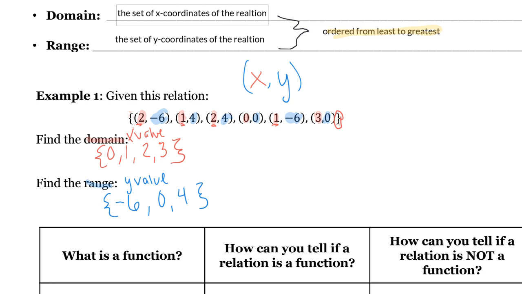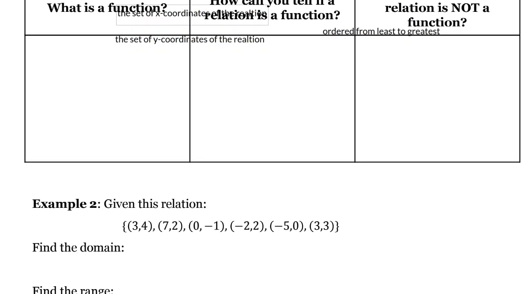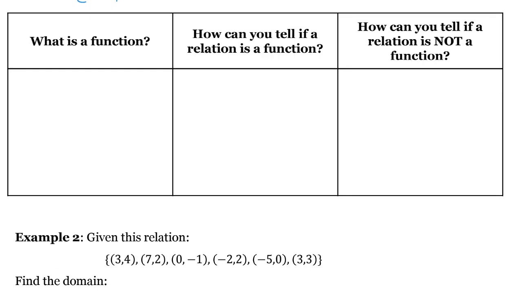But we have another definition to talk about. Okay, so the next thing we have is, what is a function? So a function is a relation in which the domain, which remember is your x, does not repeat.